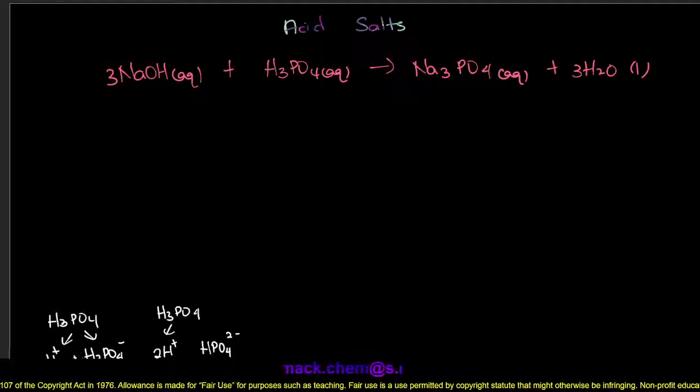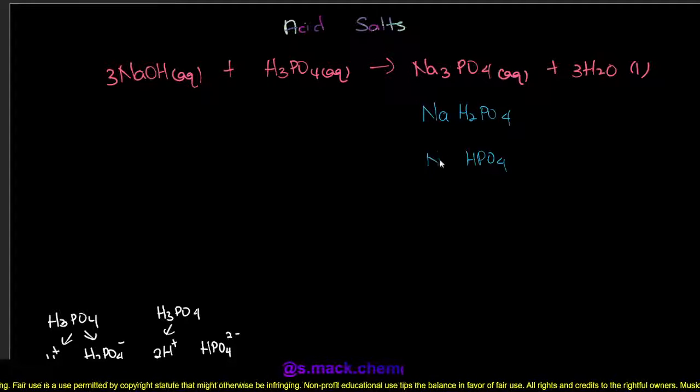If we have the H2PO4 minus ion, this means the formula of the salt to be formed is NaH2PO4. If the anion in the salt is HPO4 2 minus, this means the rest of the formula of the salt is Na2.